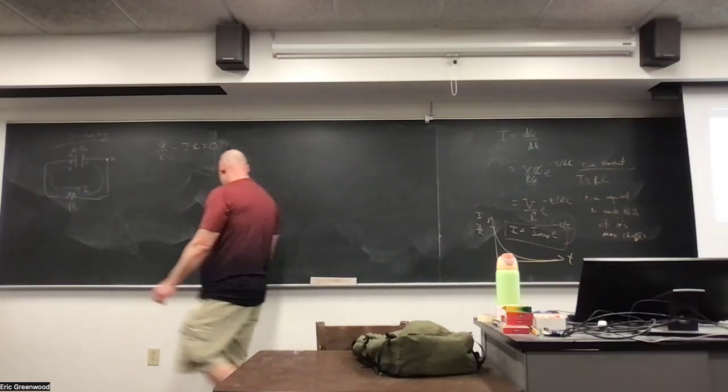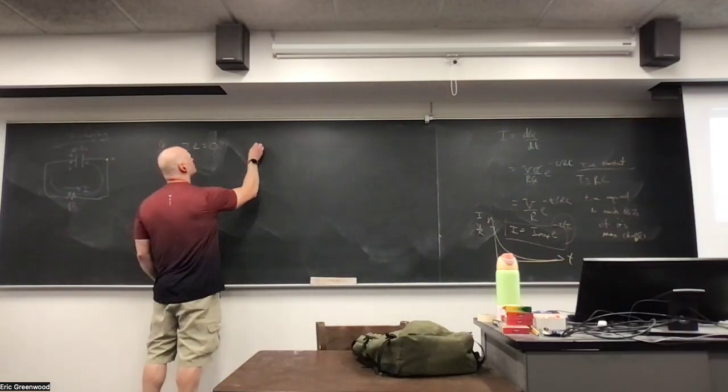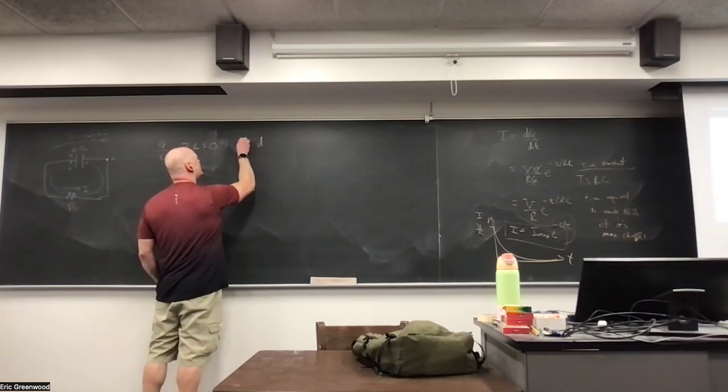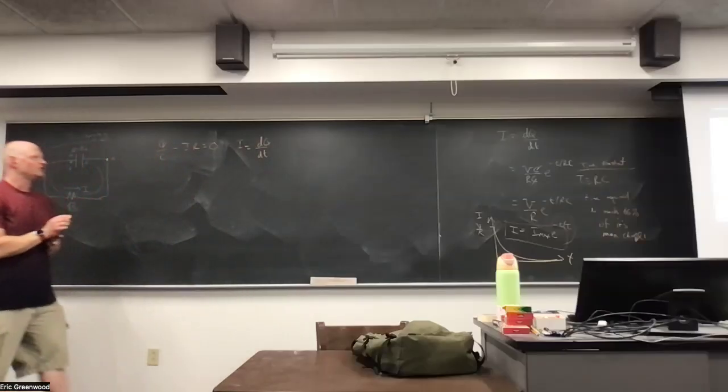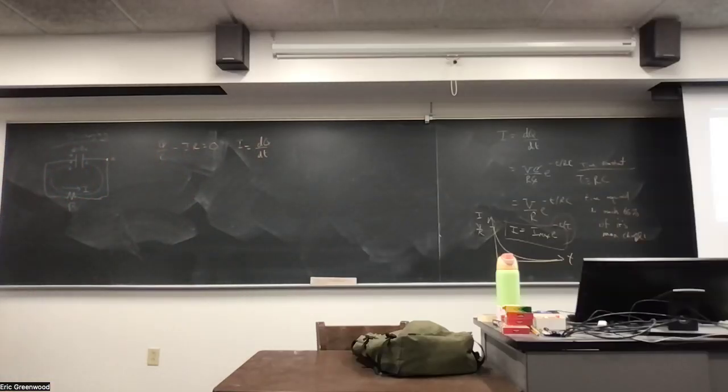So we're basically going to do exactly the same thing. Now I'm going to replace I with dq dt. But what's the difference here? It's not directly dq dt, because what's happening to the current?